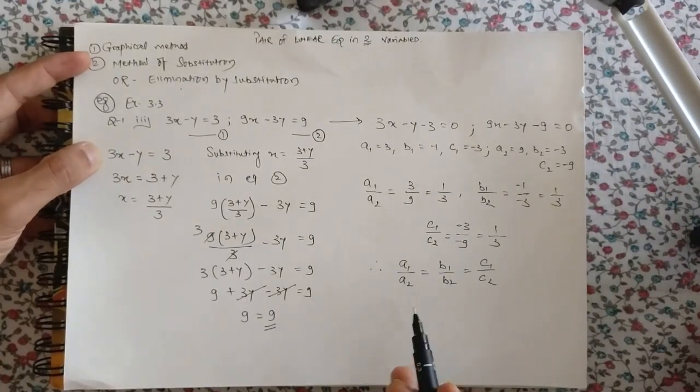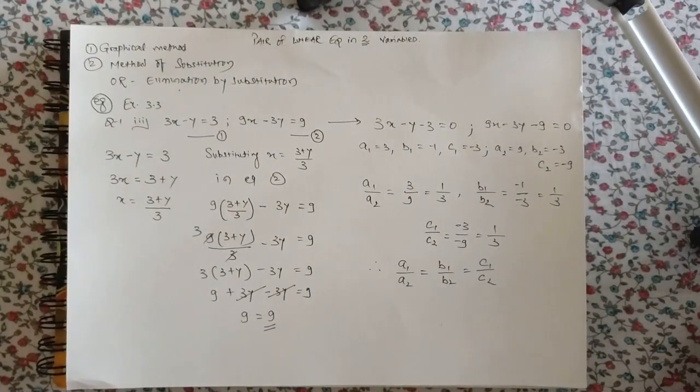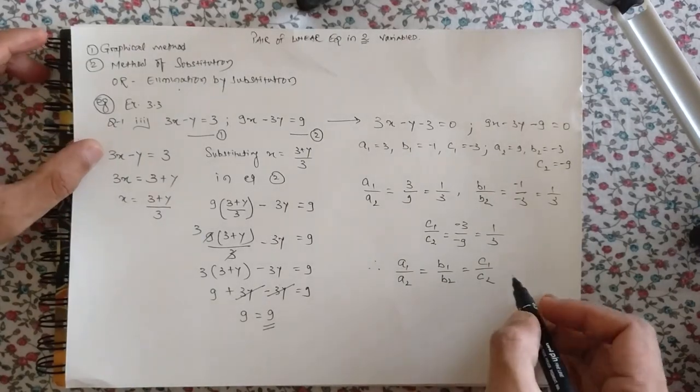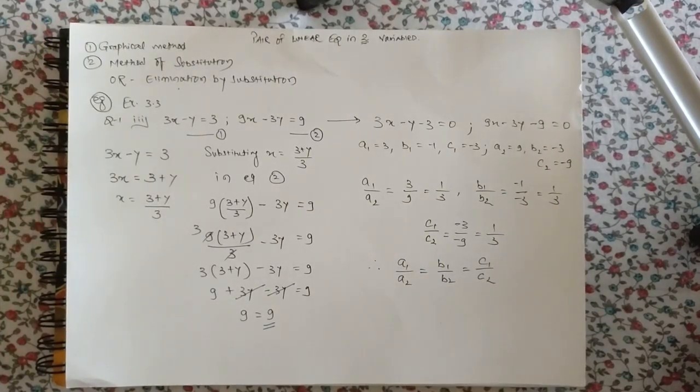And you know this from yesterday, where we did the topic consistency of linear equations in two variables. Whenever we are getting this situation, what does it mean? It means that the given pair of linear equations are consistent, having infinitely many solutions.